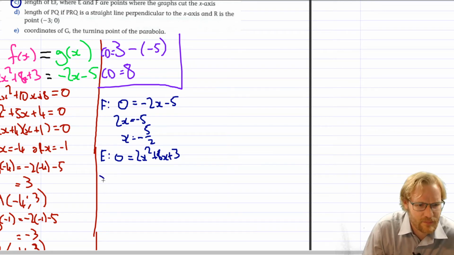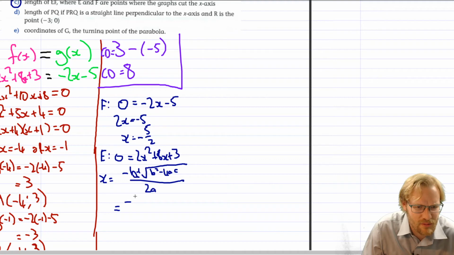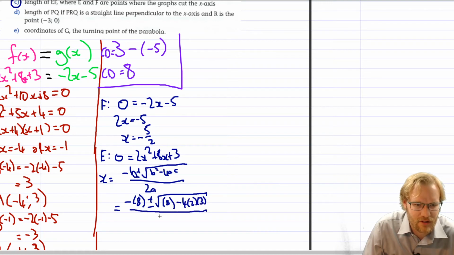So, quadratic formula: x equals minus b plus or minus the square root of b squared minus 4ac, everything over 2a. You don't have to write out the formula as it is, but do show your substitution. This is given to you on the front page. So minus 8 plus or minus the square root of b squared, where b is 8, minus 4ac, everything over 2a.